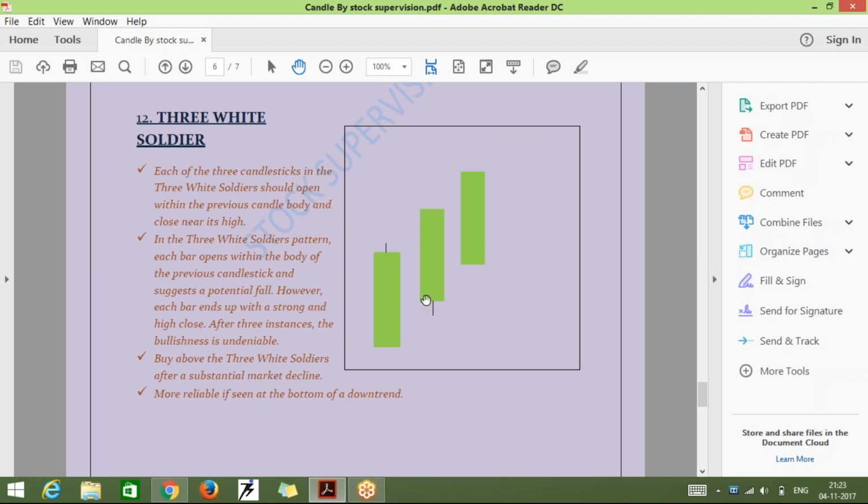So only seeing the open, you will be finding, like, yes, it hasn't given an open above this, so it might fall. But again you will see the close above this. Then the third time the same instance happens, it's definitely so. However, each bar ends up with a strong and high close. After three instances the bullishness is undeniable.